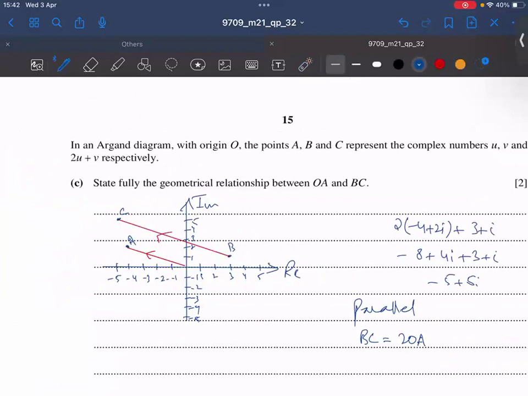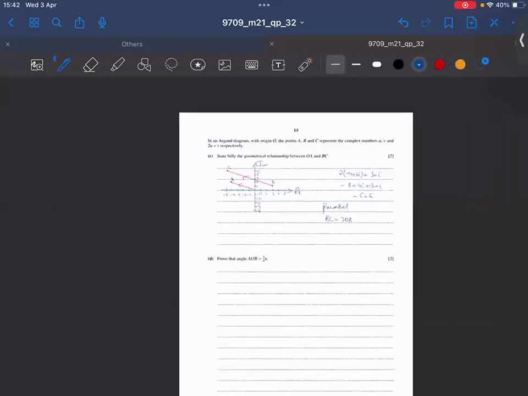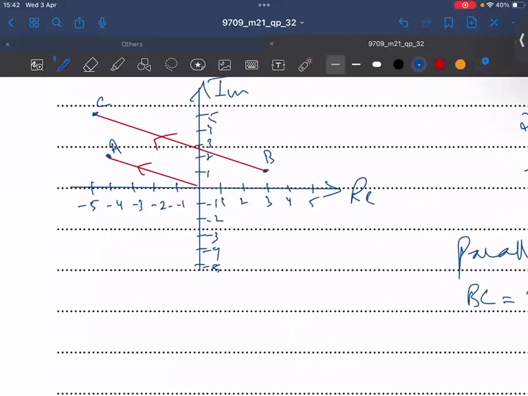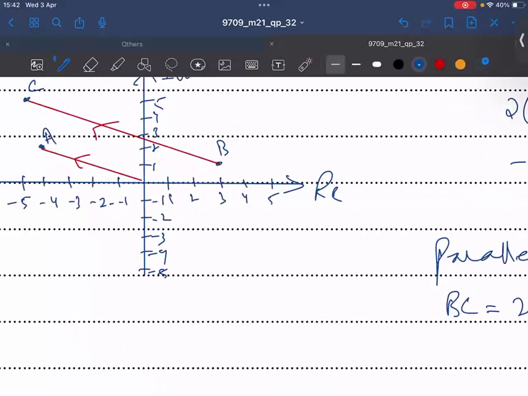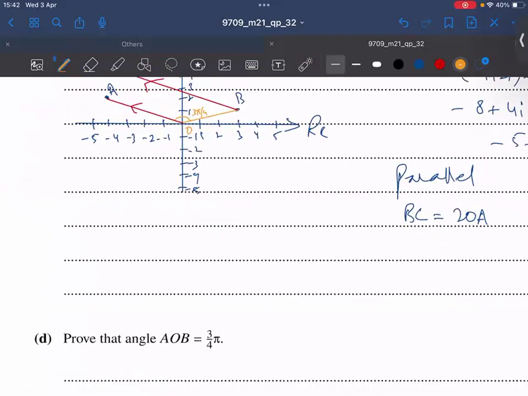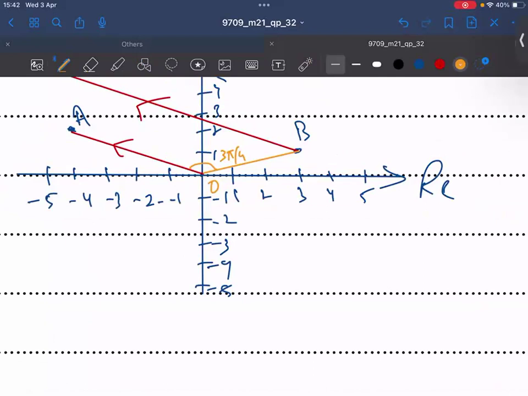Yes, sir. Okay. Then we have to prove that the angle AOB is 3 pi by 4. And how can you prove the angle is 3 pi by 4?